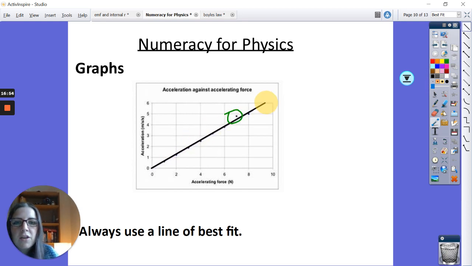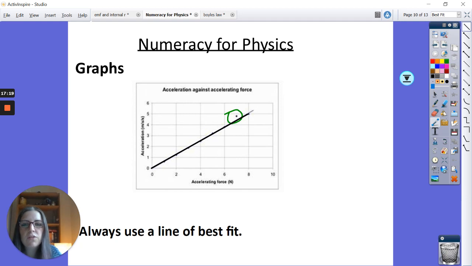There we go. Could be continued on to say what if we added a force of 10 newtons, or if I had more space, continue on, what about 12 newtons, 14 newtons, and we can predict what acceleration would occur with those forces because we know to expect that to continue to go in a straight line. If we'd drawn a dot to dot, then that wouldn't be able to get extended in the same way.